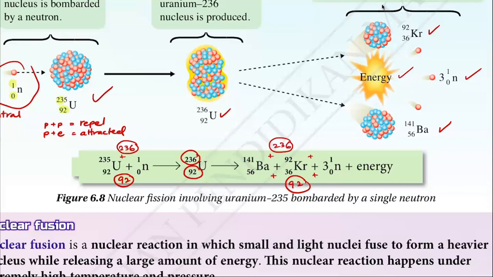And please don't forget, at the end of the equation, you have to write energy, because the energy is the product of this process, this nuclear fission. This one we will later calculate by using the formula E equals mc squared. We will discuss that later on.